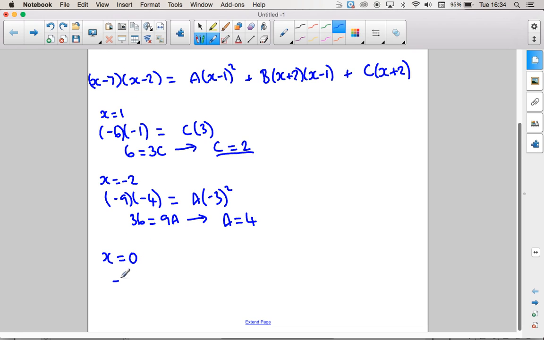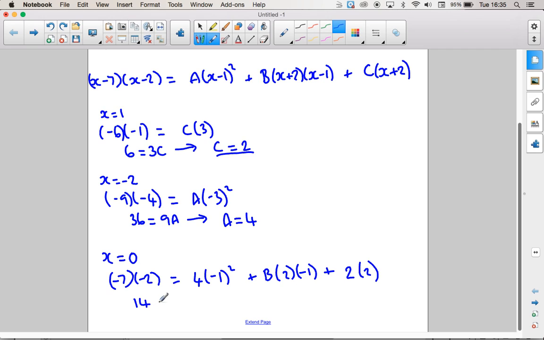So we're going to have minus 7 times minus 2 on the left equals, A we know is 4, so 4 lots of minus 1 squared. B we don't know, so B lots of 2 times minus 1. And C lots, and C is 2, so 2 lots of 2.